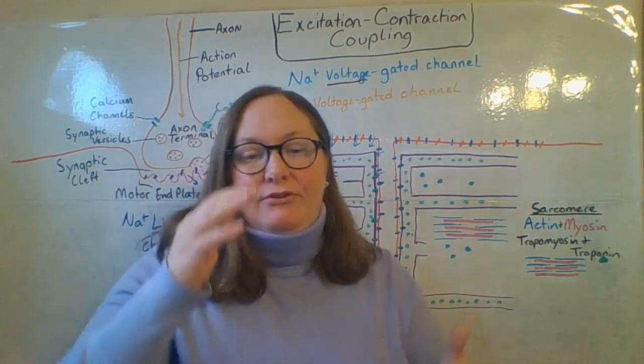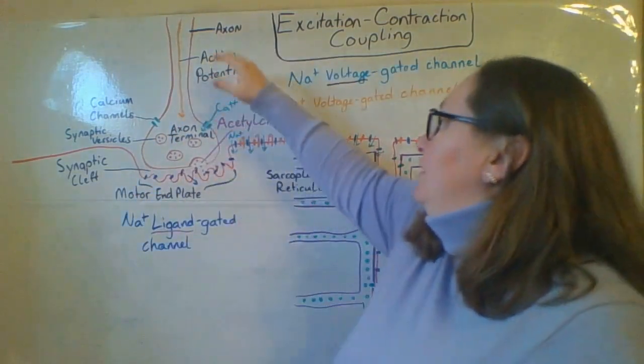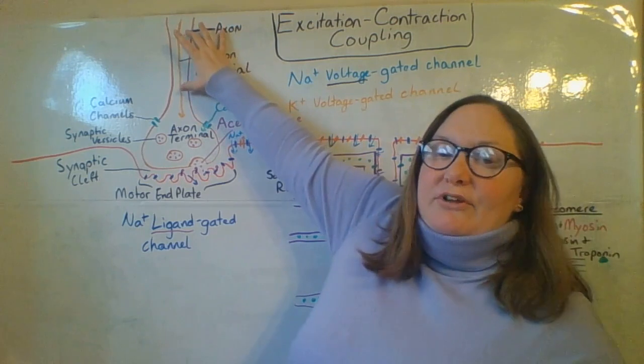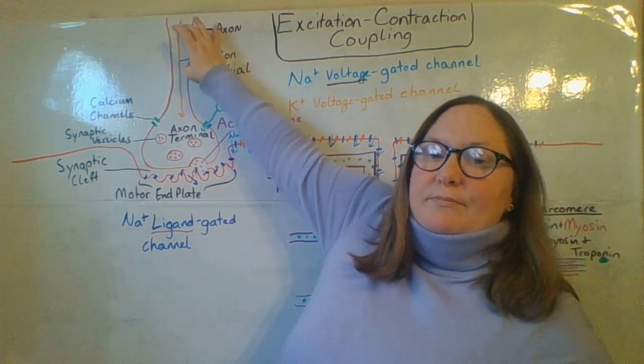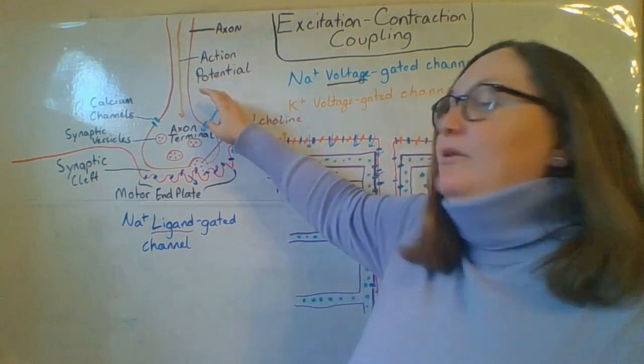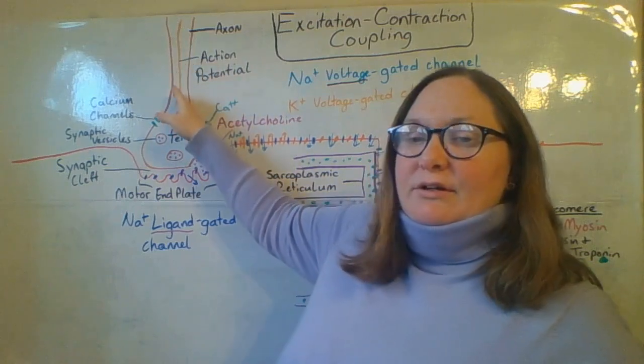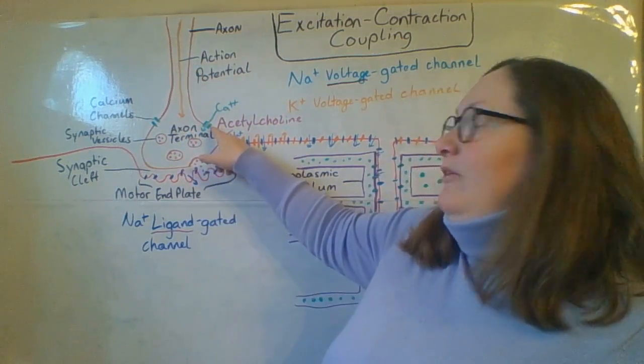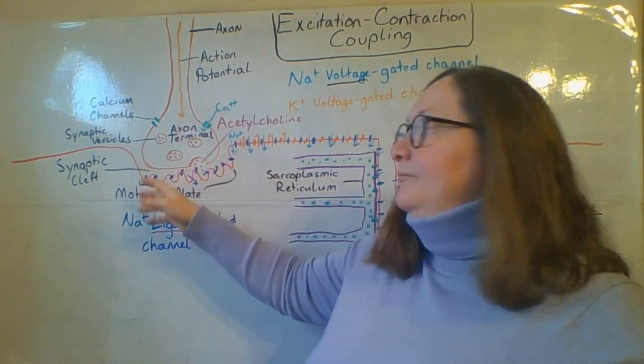So let's review this. This is a lot. So we have depolarization when the action potential coming down the axon gets to the axon terminal and stimulates calcium channels to release calcium.